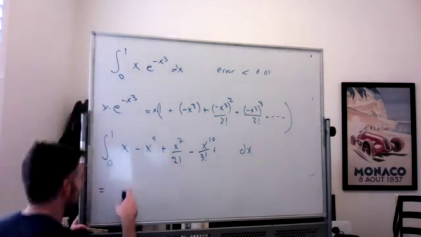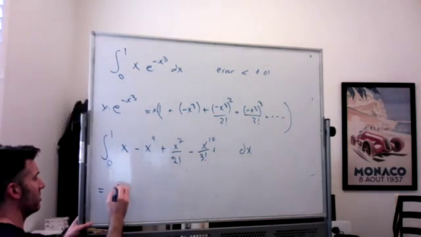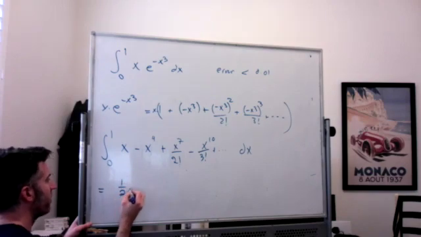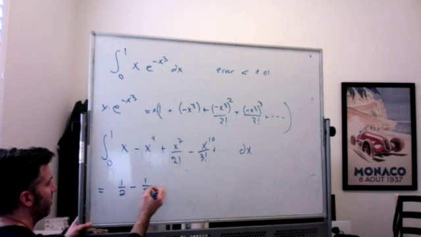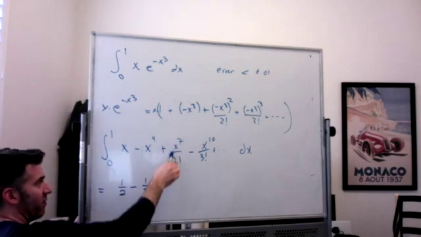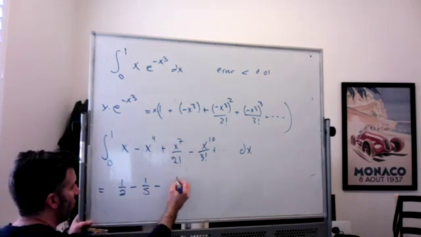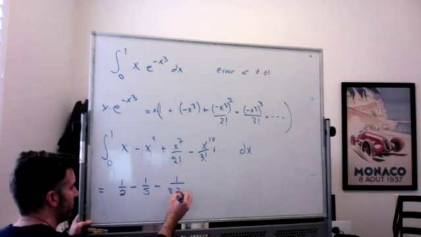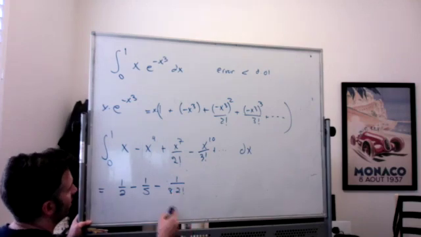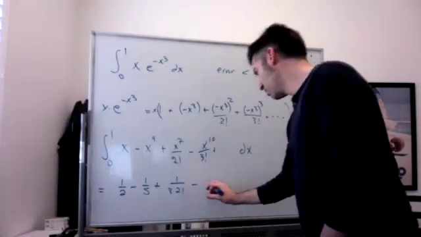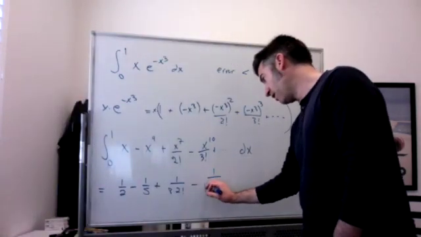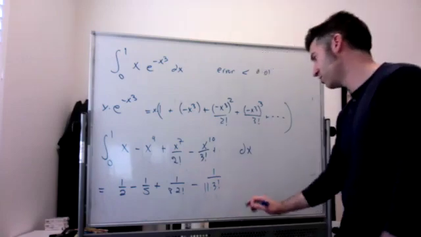So this is going to be x squared over 2, which gives me 1/2. This is going to be x to the 5th over 5, which gives me 1/5. This is going to be x to the 8th over 8 times 2 factorial, so 1 over 8 times 2 factorial. Plus, not minus, this is going to be 1 over 11 times 3 factorial.